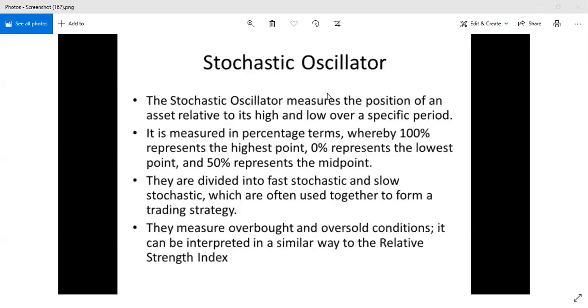Now we are checking it on the chart. I am opening my Investor India.